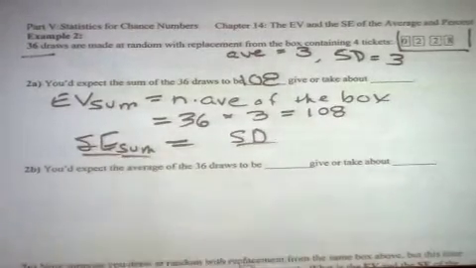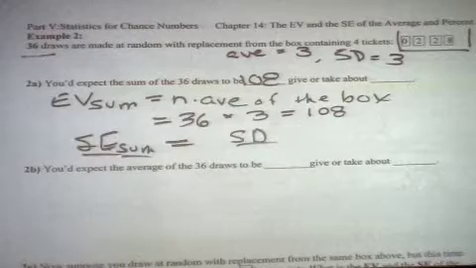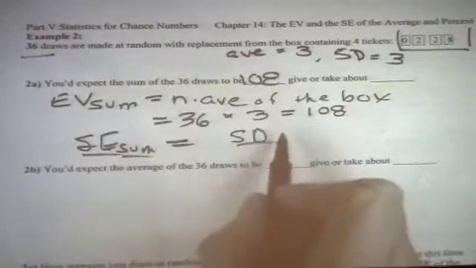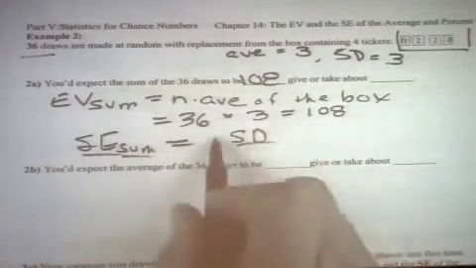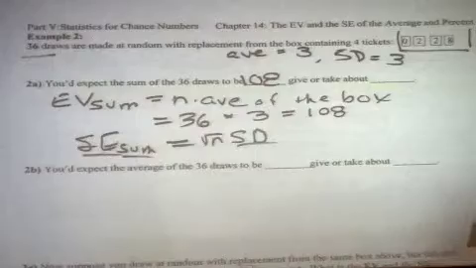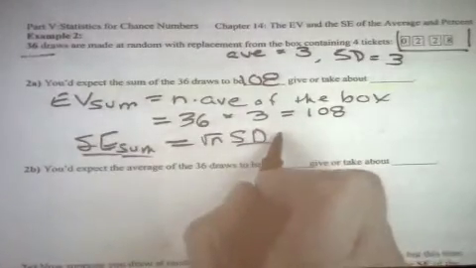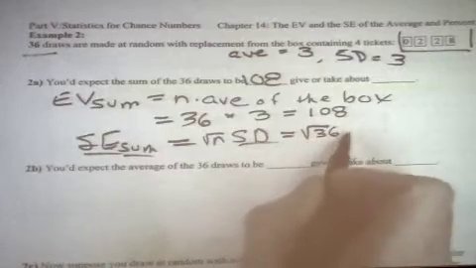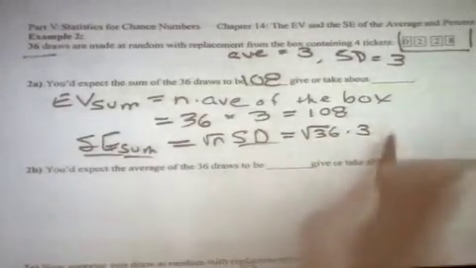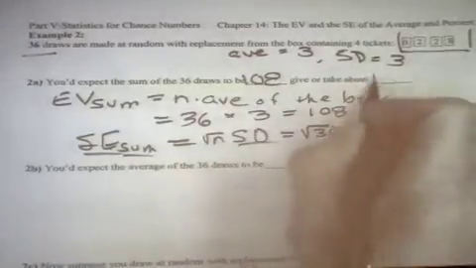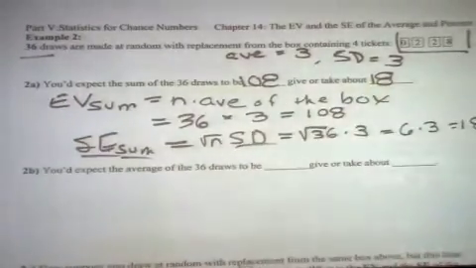It's for the sum. So what do you think? Sum grows, so what do you think? Multiply. If it's easier for you to write it on this side, it doesn't make any difference which side you write it on. I'm just used to writing it that side. Multiply by the square root of n. So what do we get? Square root of 36 times 3, which is 6 times 3, which is 18. And that's what we put here.